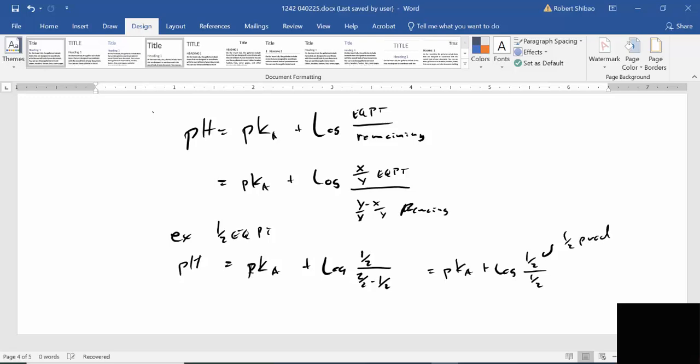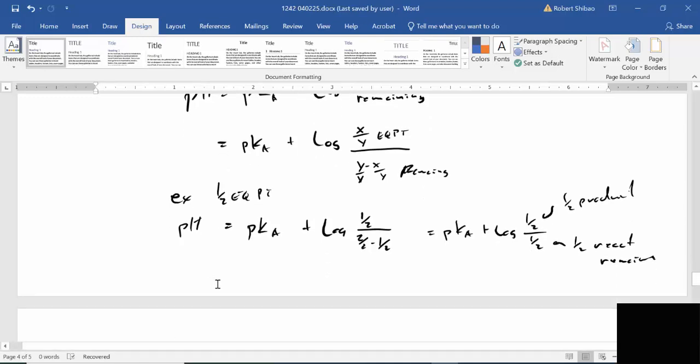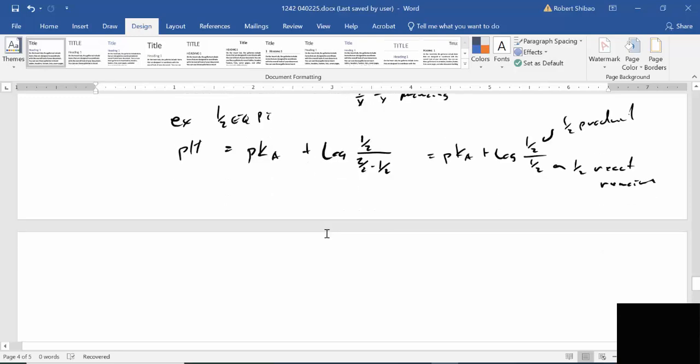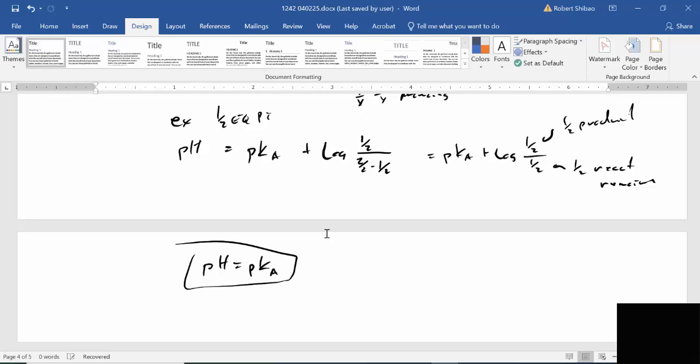So 1/2 product and 1/2 of the reactant remains. The log of 1/2 over 1/2 is the log of 1, therefore the pH is equal to pKa at the half equivalence point.